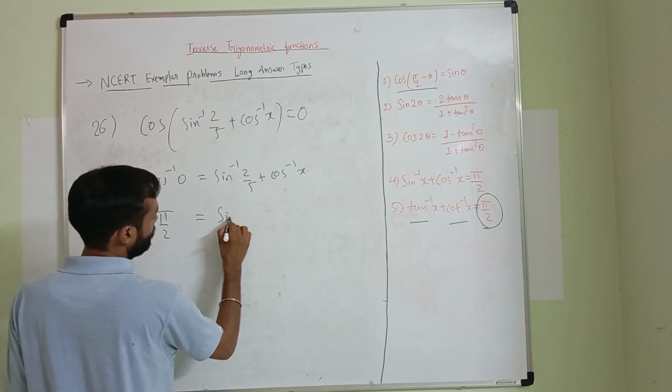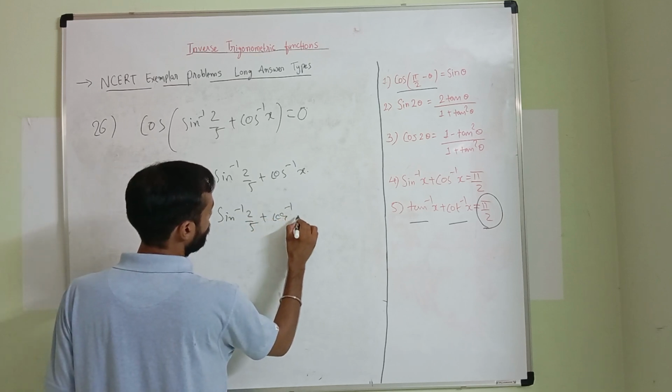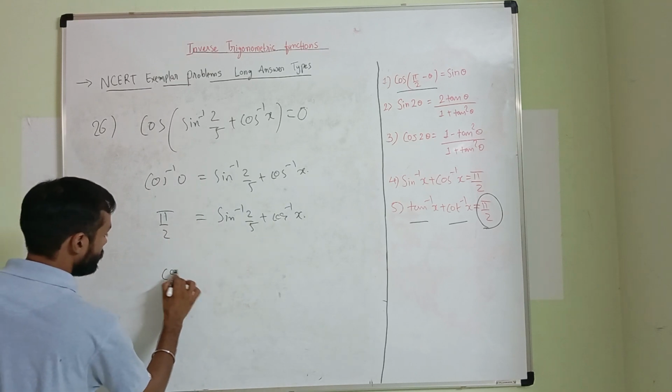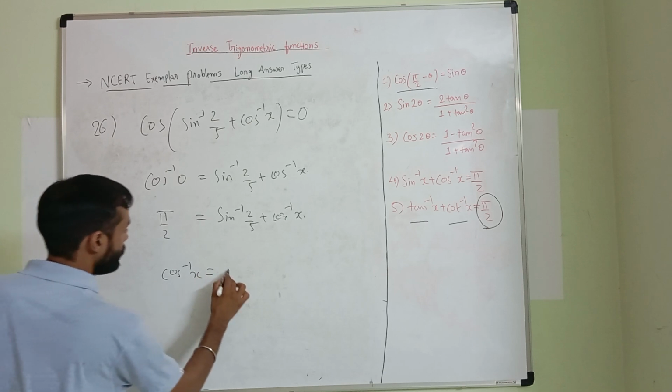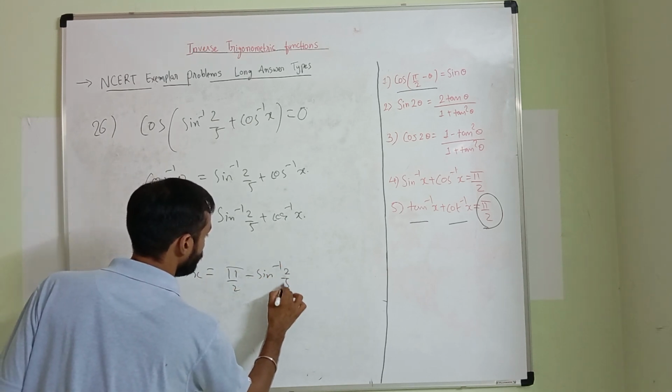Now this is sine inverse of 2 by 5 plus cos inverse of x. So this cos inverse x will be pi by 2 minus sine inverse of 2 by 5.